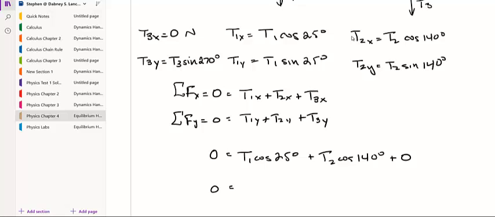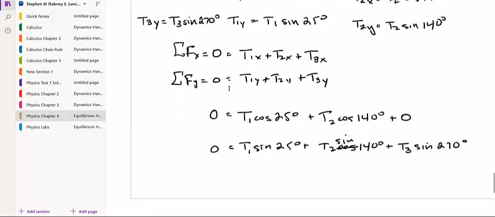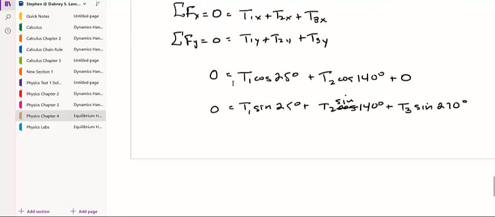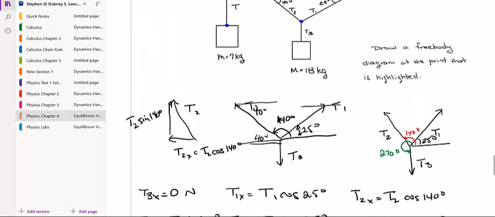And if we do that in the y direction, we'll get T1 sine of 25 degrees plus T2 sine of 140 degrees plus T3 sine of 270 degrees. So we've got two equations and two unknowns. We do know T3, and it's going to take on two values.